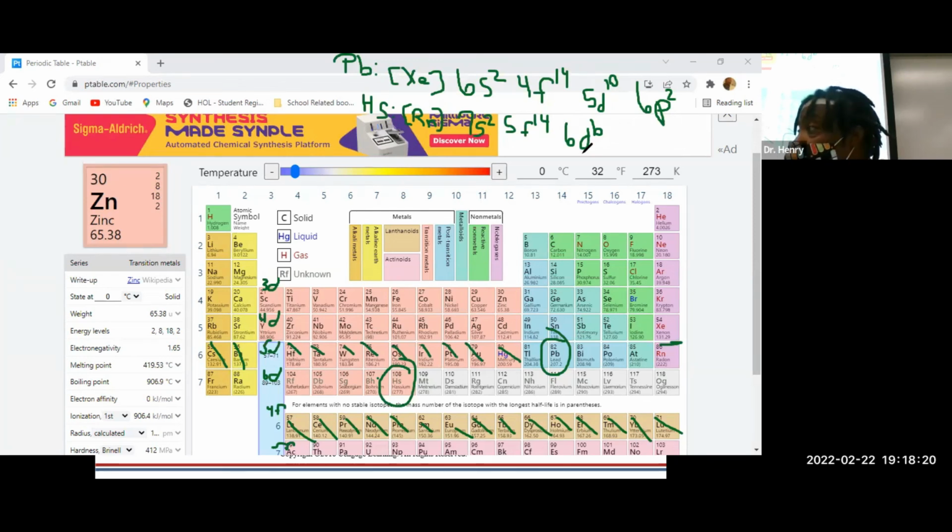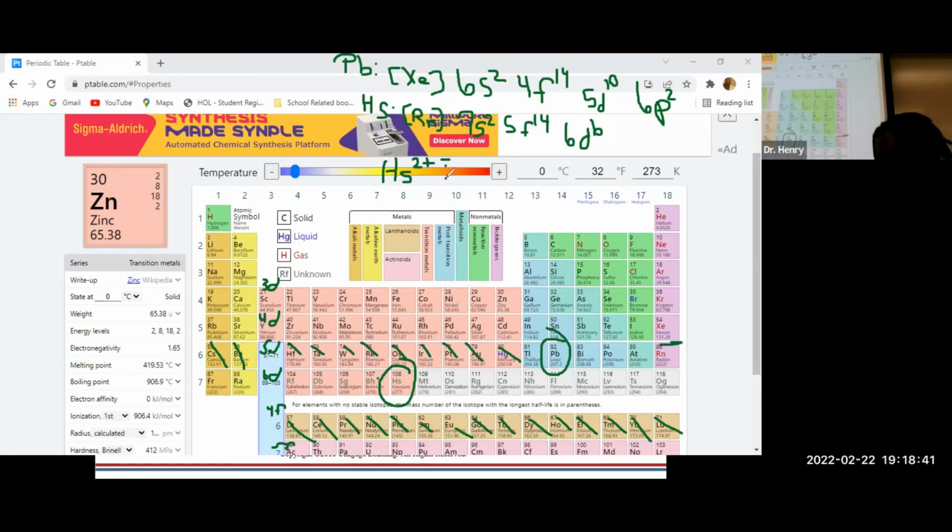We're either adding electrons or we're losing electrons. So if I have Hs 2+, which electrons am I going to take away?